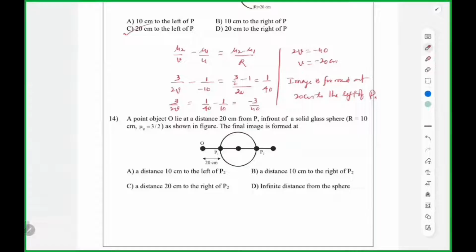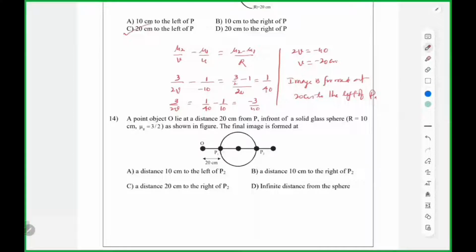Here a point object O lies at a distance 20 centimeters from P in front of a solid glass sphere of radius 10 centimeters.